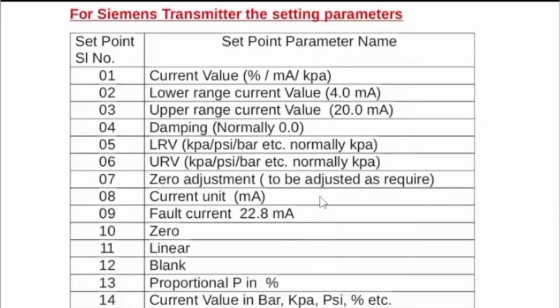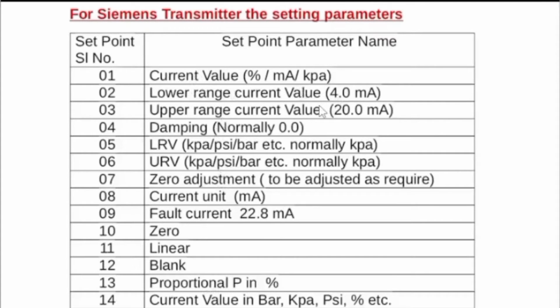For the Siemens transmitter, we calibrate at different times, and we have 3 buttons on the transmitter. Using these, we can calibrate, and if we press the button, there is some number 1, 2, 3, 4 like this, and number 12 is blank from 11 to 13, and here are also different values to enter.